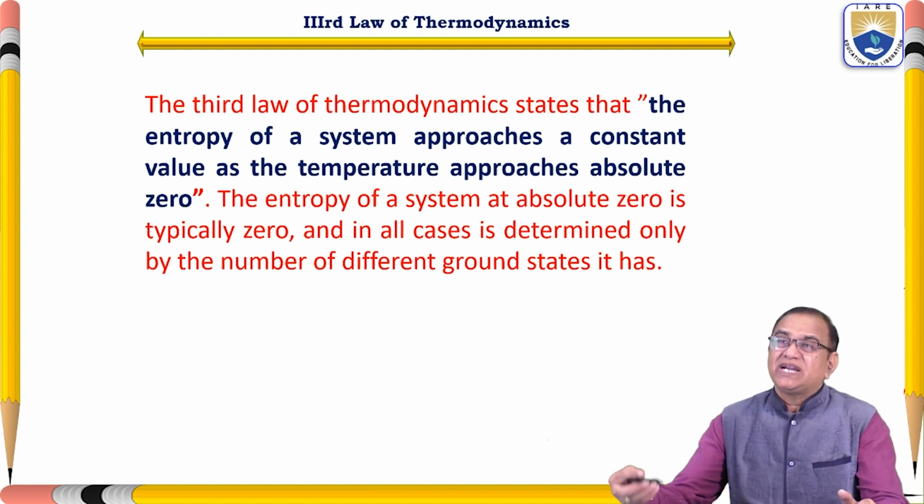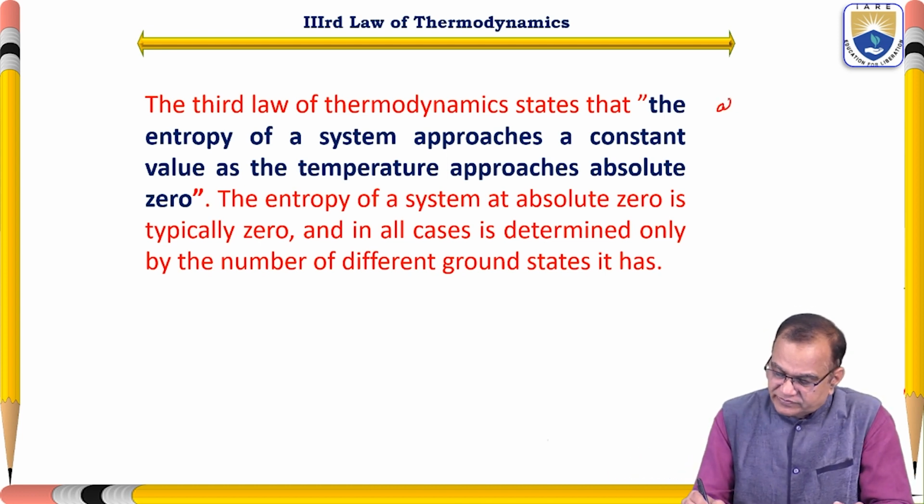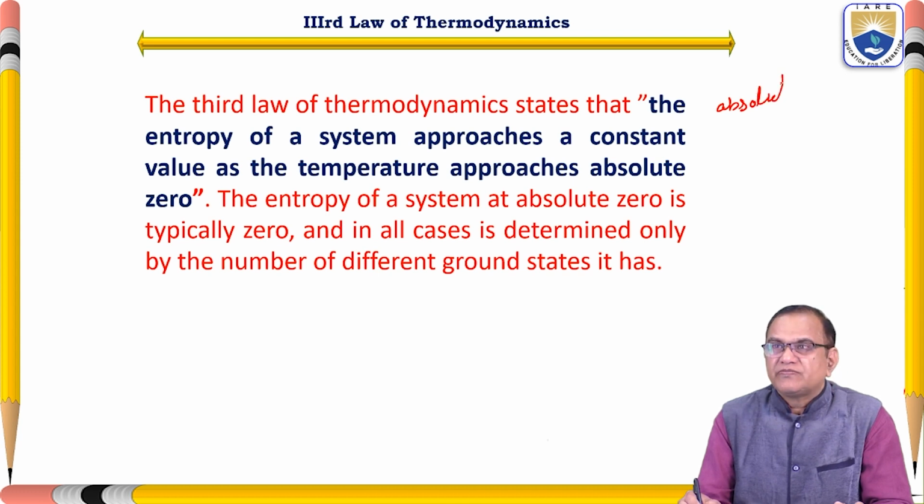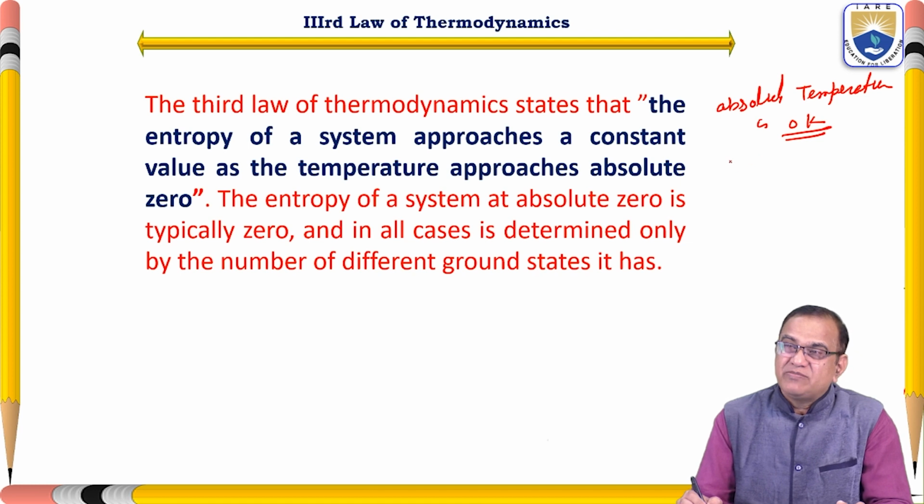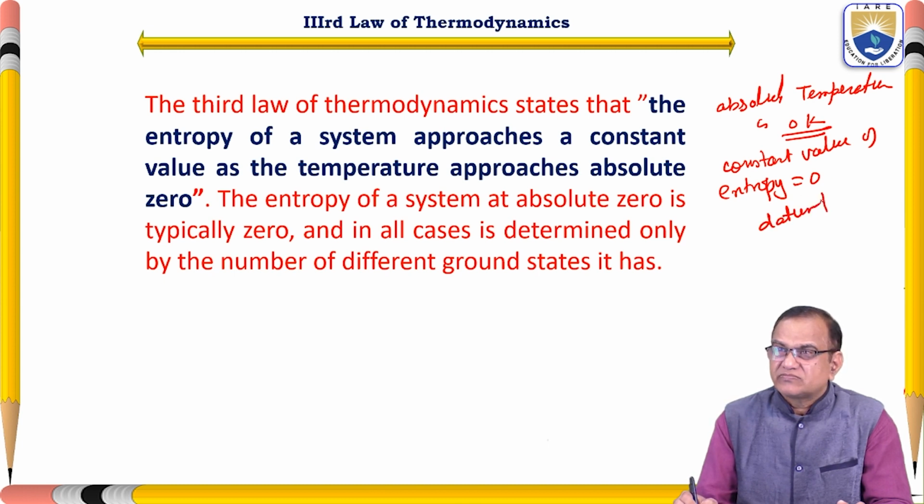So there is only one condition: when the absolute temperature is 0 Kelvin, that time there will be a constant value of entropy, and this will be 0, and that is the datum point of entropy, and from here you can start.